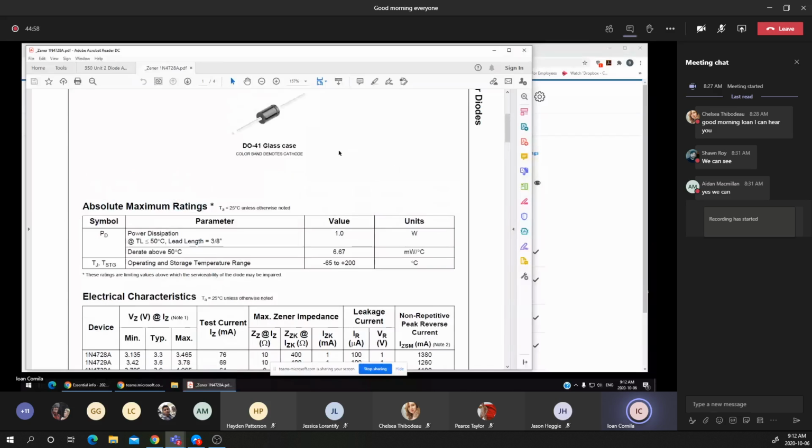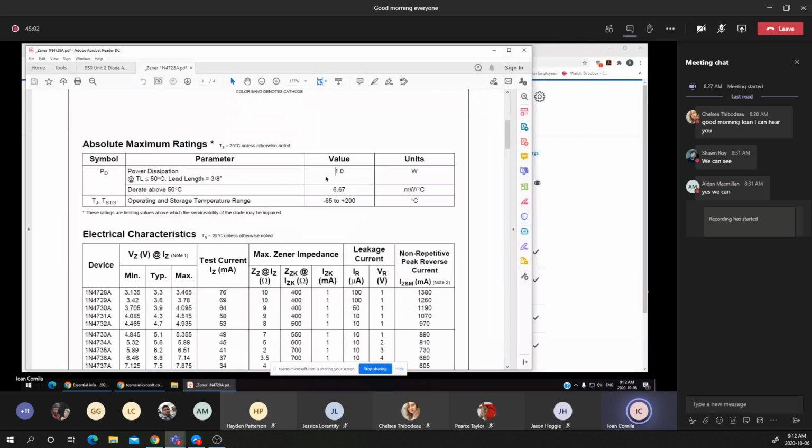You notice that the size of these diodes is very small and they are rated at 1 watt. The maximum is at 50 degrees, and I mentioned it is derated above 50. That's a practical value, specific for this type of diode and provided by the manufacturer. That's why I made an example based on a practical value.